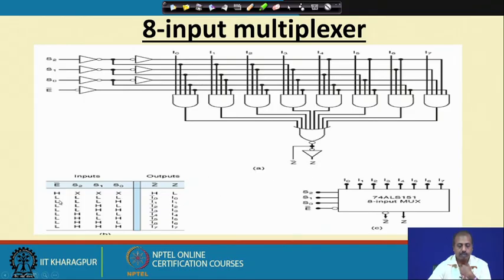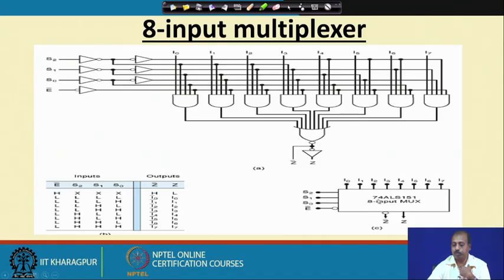Now, if E bar is low, that is, the multiplexer is active, then it depends on the values of S0, S1 and S2. If all of them are low, then the I0 line will come to Z, and as a result I0 bar will come to Z bar. This is one particular chip, the 74151.